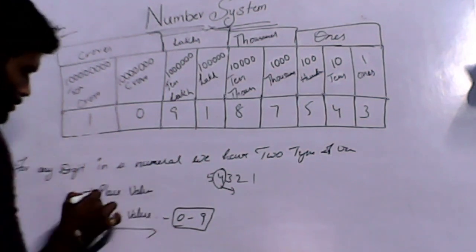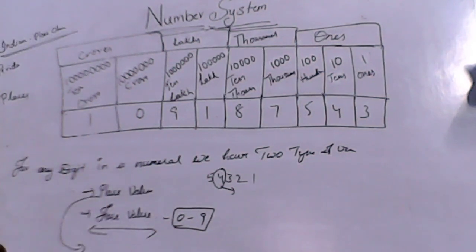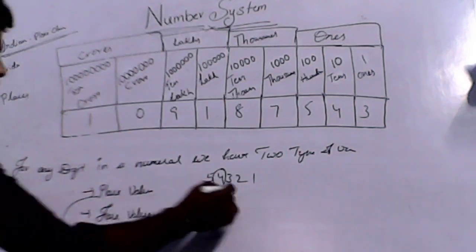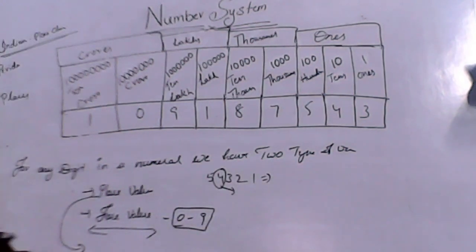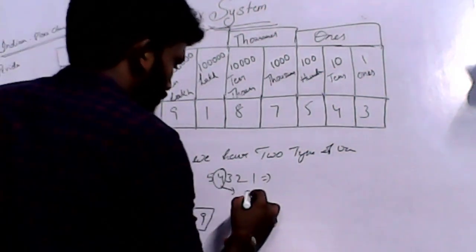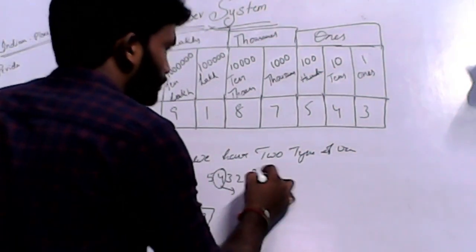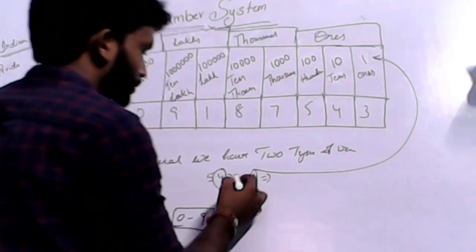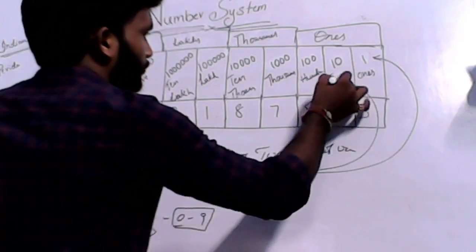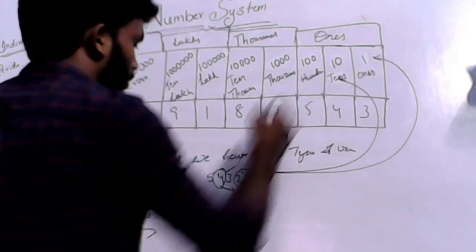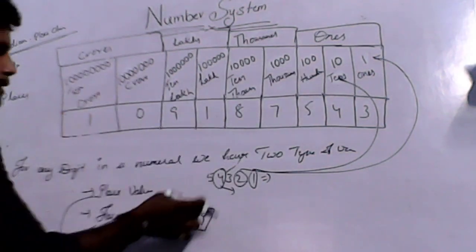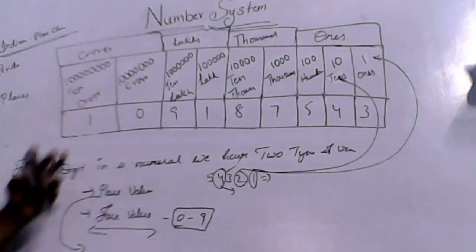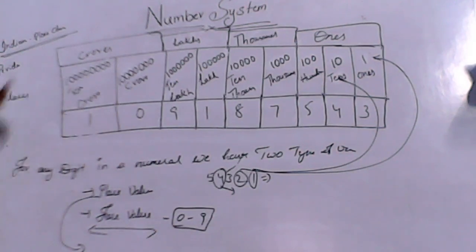Coming to place value, to find out the place value, we will write this number in expanded form. So units place will be multiplied with this number, tens place will be multiplied with this number, and so on. Based on the places and its number, we will multiply that number with the place value.